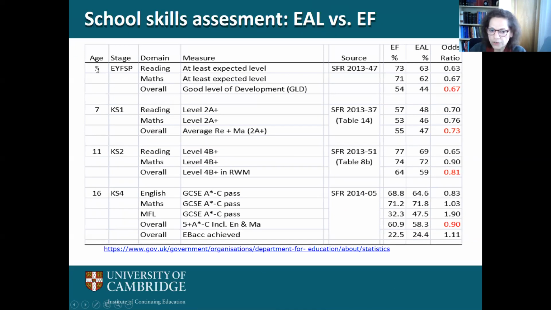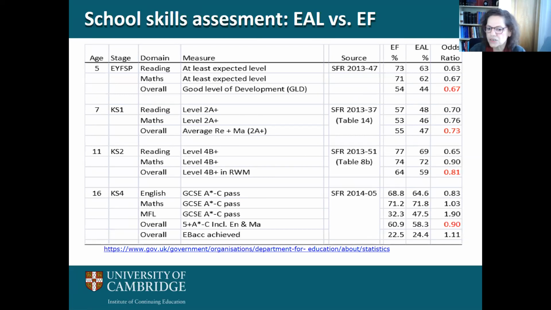So you can see that children at age 5, 7, 11, 16 are assessed in both reading and maths, and you can see that there is a gap in development between EF children and EAL children. That gap seems to close, and it actually closes completely when children reach the age of 16. And there is this closing of the gap happening throughout these years. But these years are a lot, and in fact cover all of compulsory education.